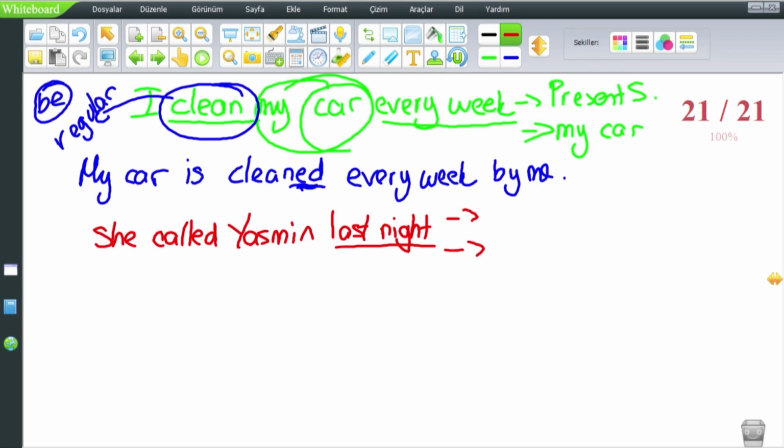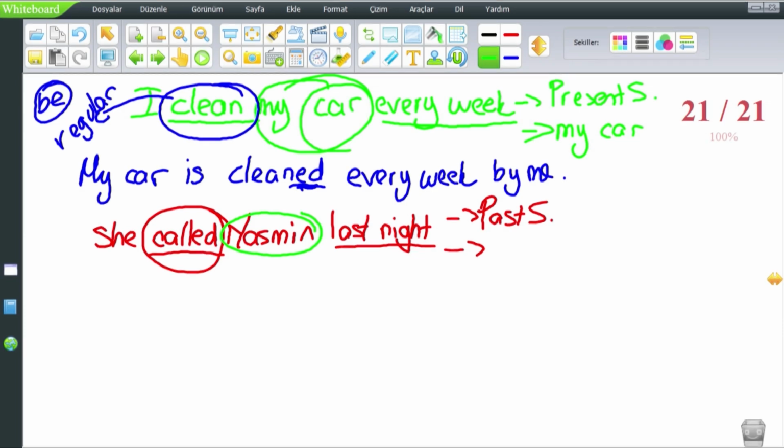I'm looking at my time, past simple. Looking at my object, what word in this sentence is affected by the verb? Yasmin. So Yasmin is my object.